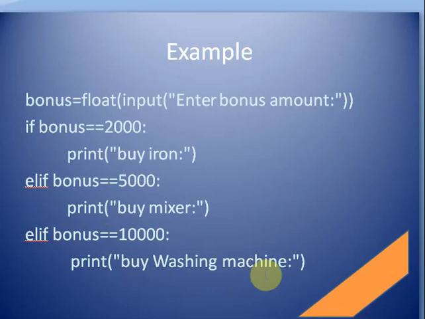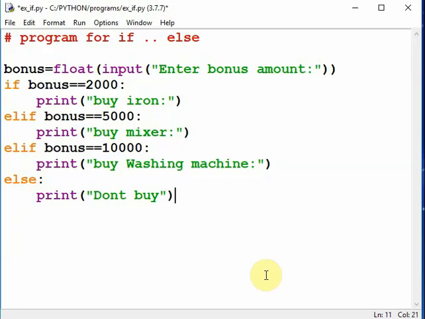Okay, so let us see the practical. This is the program file. First statement is comment line, program for if else. So this is the input statement for bonus. Bonus is the variable where the amount of bonus will be stored.